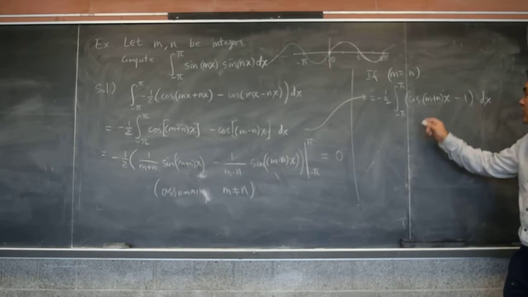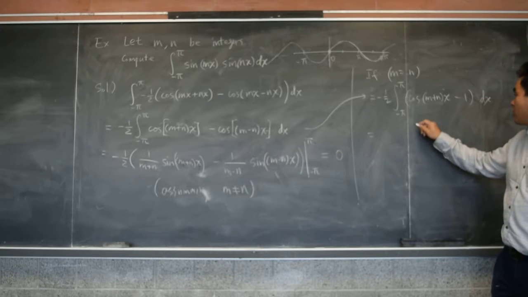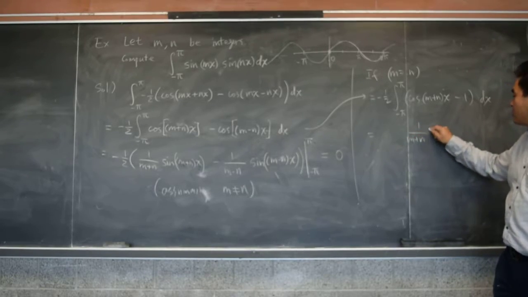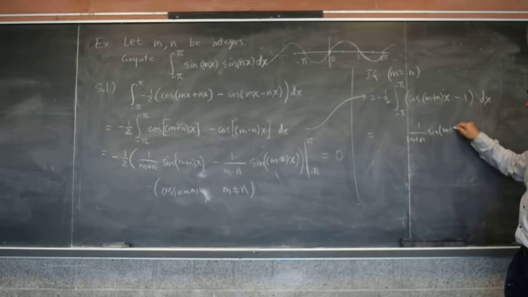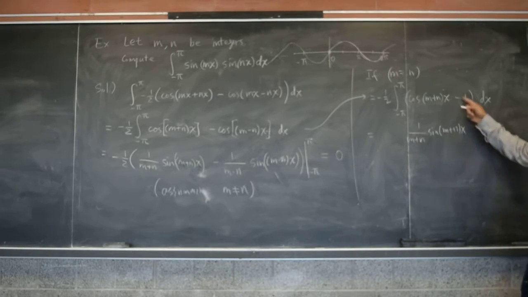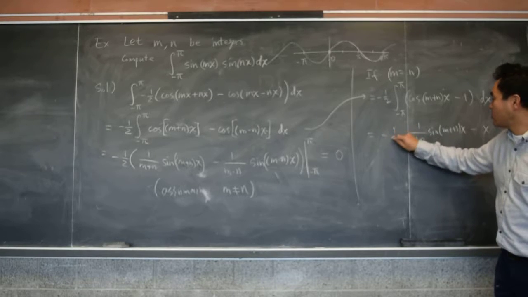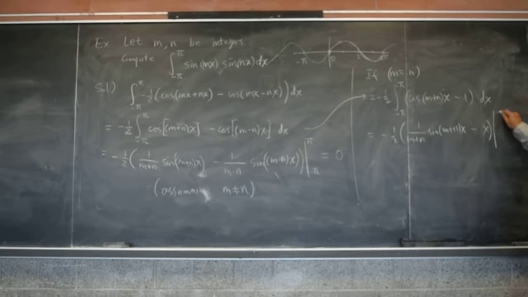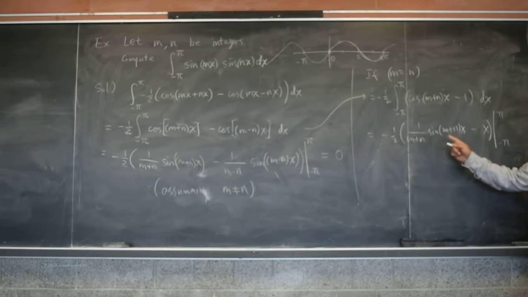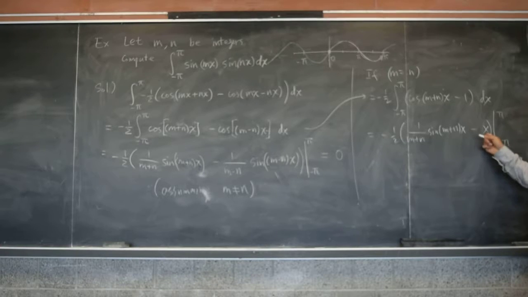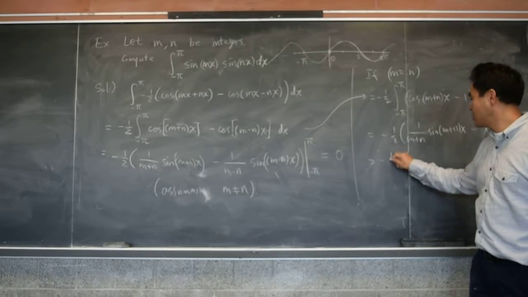And again, the integral of this is 1 over m plus n sine m plus n x. And then the integral of minus 1 is minus x. Negative 1/2 is still there. And you have to plug in pi and negative pi. Again, when you plug in pi or negative pi to sine, you get 0. But here, you get something else.